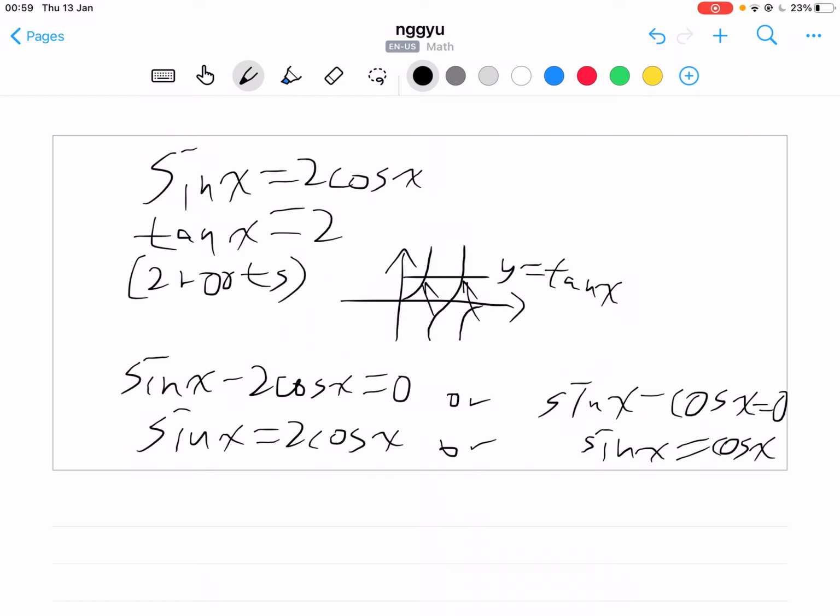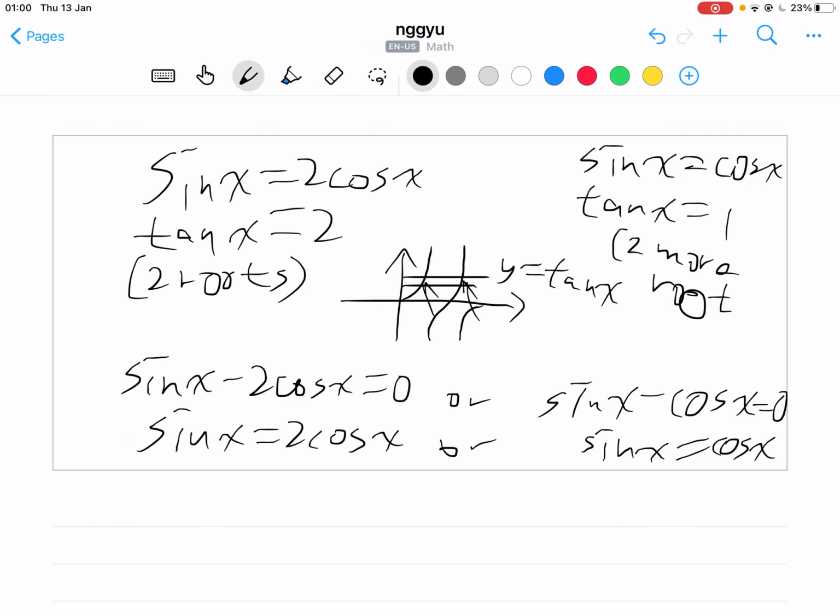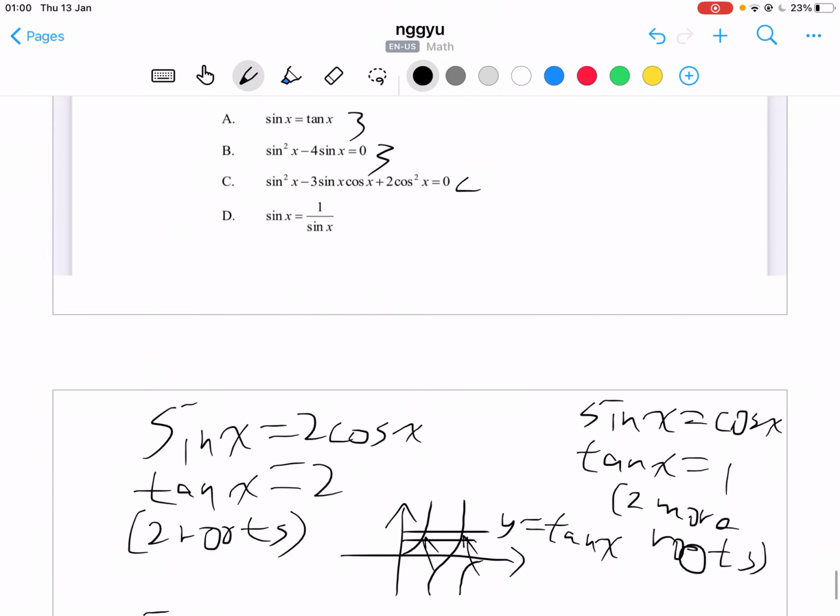And then for sine x equals cosine x, we divide by cosine x on both sides, and this becomes tangent x equals 1. So again, we have another two different roots, so two more roots.